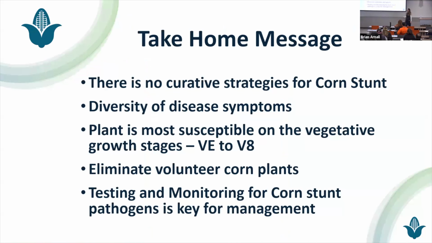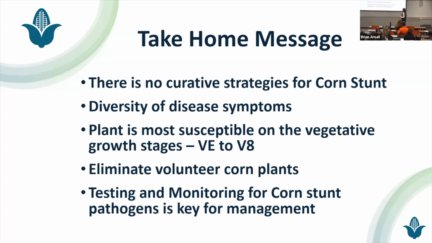So the take-home message from my presentation is that there are no curative strategies for corn stunt, targeting the symptoms or the pathogens. So we need to prevent this by managing the corn leafhopper. We have a wide diversity of symptoms, so we cannot rely just on what our eyes are seeing in the field. We need to send samples to a lab to identify at least one of the pathogens that are causing corn stunt.